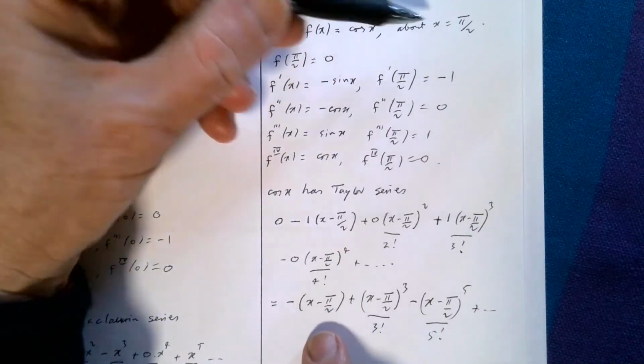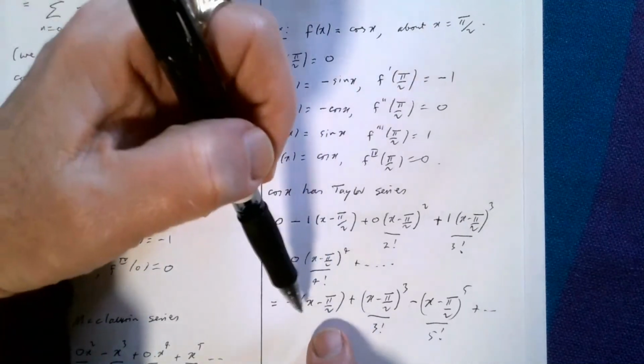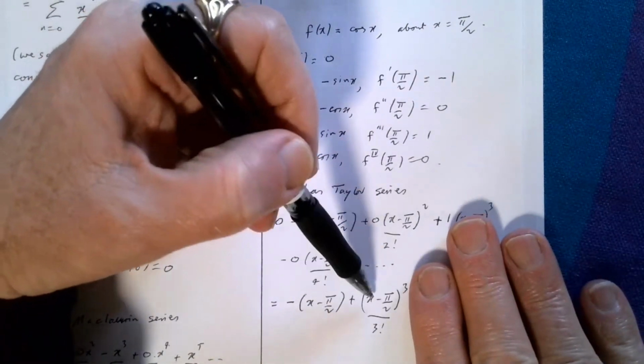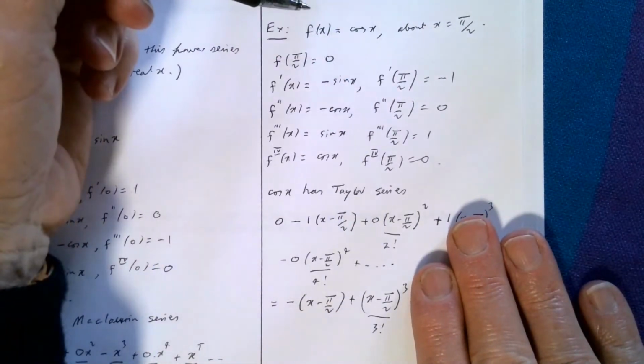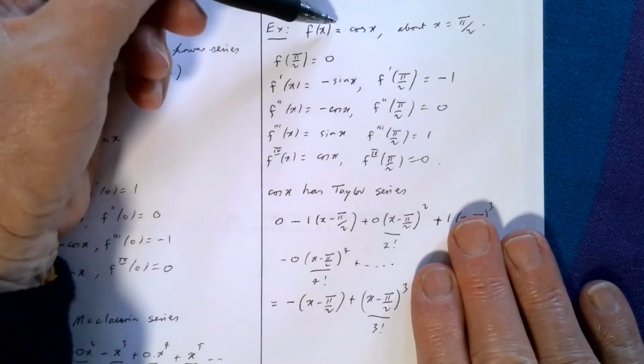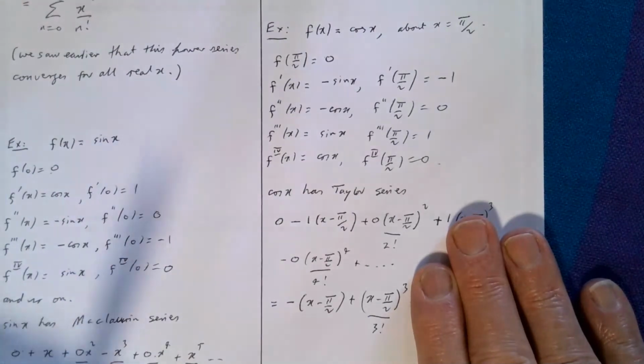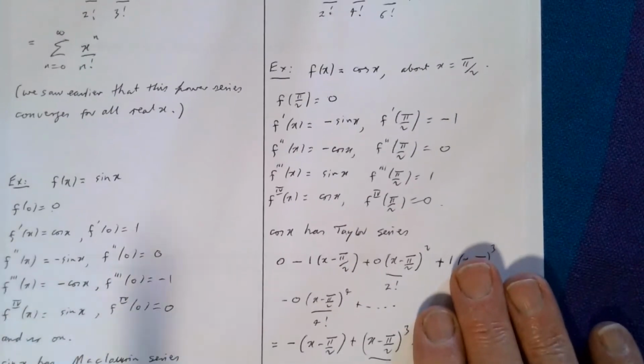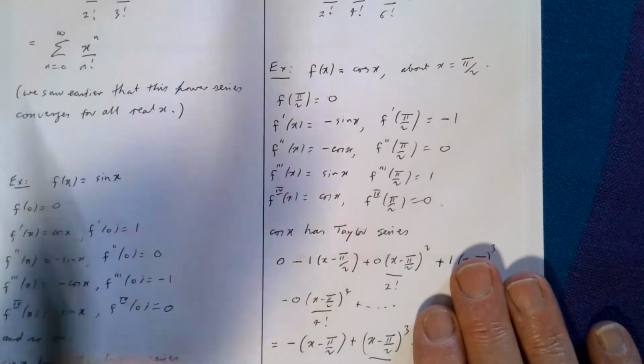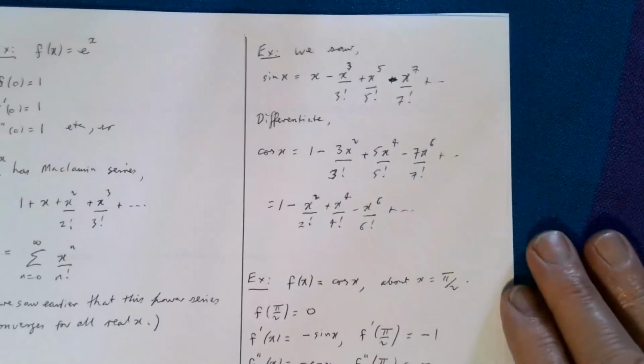So near pi on 2, if you just took the first two terms, for example, this would be a reasonable approximation to this function. In fact, if you've got a graphics calculator, you might like to do something like this. Probably easiest to do it with the sine.